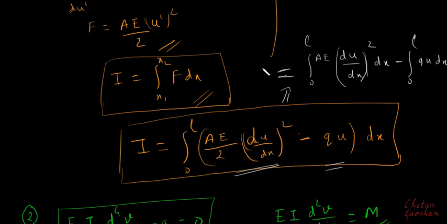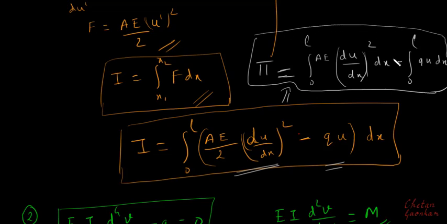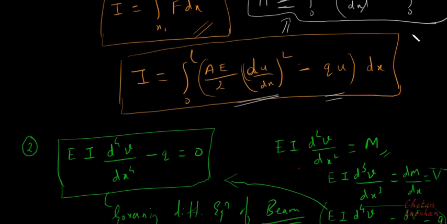So this first term is what we call the strain energy of a bar, and this second term is the work potential.